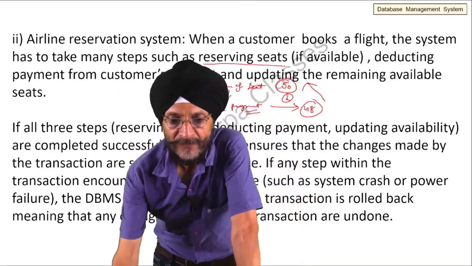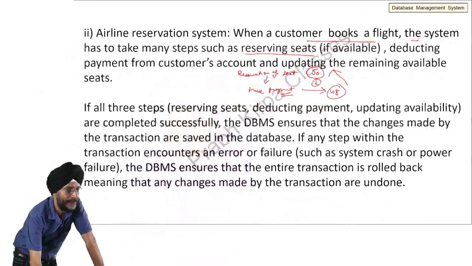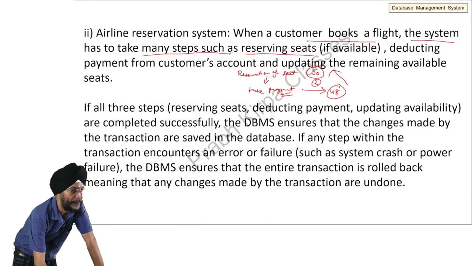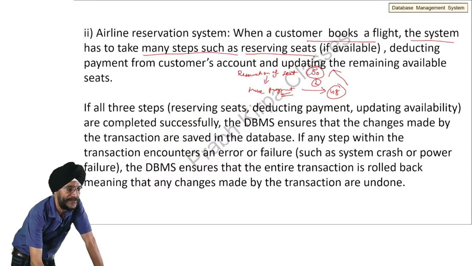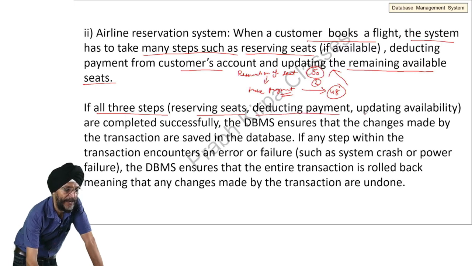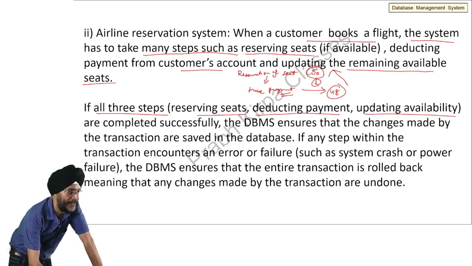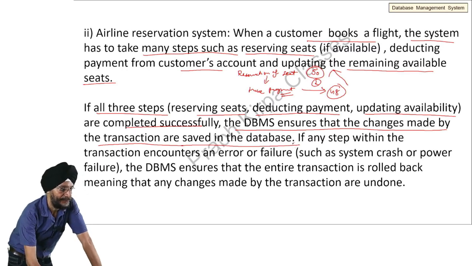Let us read. When a customer books a flight, the system has to take many steps, such as reserving seats if available, deducting payment from the customer's account, and updating the remaining available seats. If all the three steps are completed successfully, the DBMS ensures that the changes made by the transaction are saved in the database.